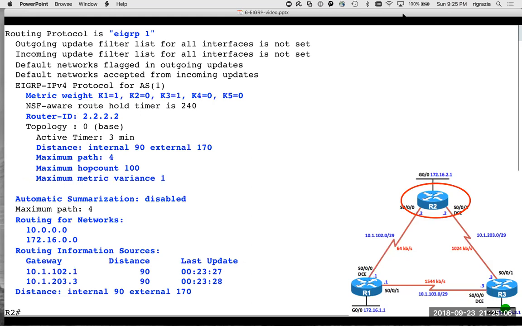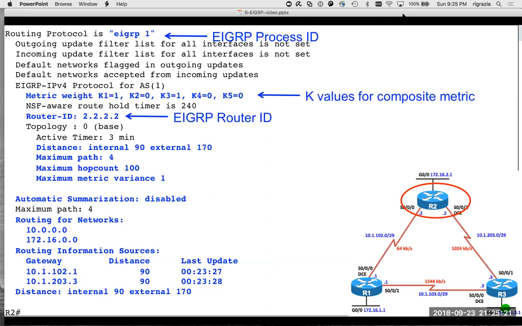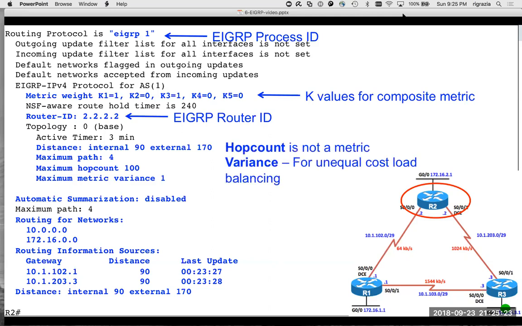The other K values for the composite metric, K2, K4, and K5, are not used, so we're not using load and reliability. There's our router ID. Our administrative distance is shown. The hop count is there.